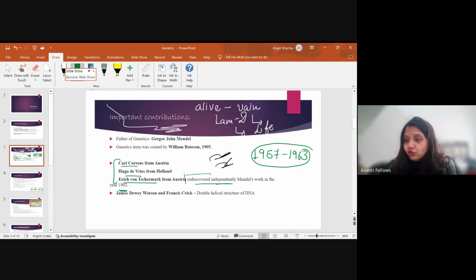Other scientists you must know are James Dewey Watson and Crick, because they proposed the DNA structure. Another important reason why Mendel's work didn't get importance was that it was not the time of advancement. The microscope was discovered around 1900.